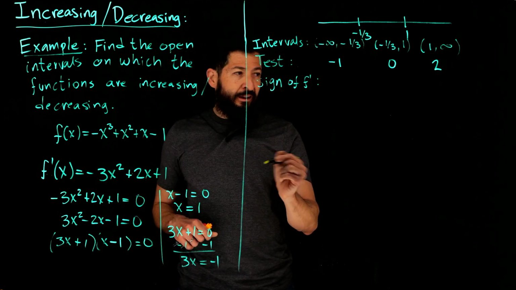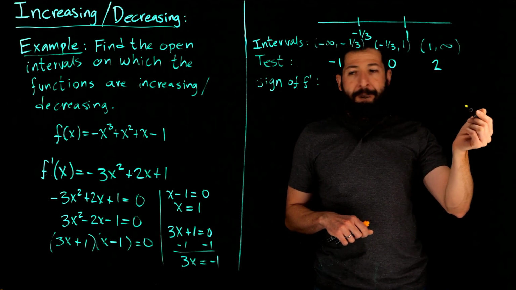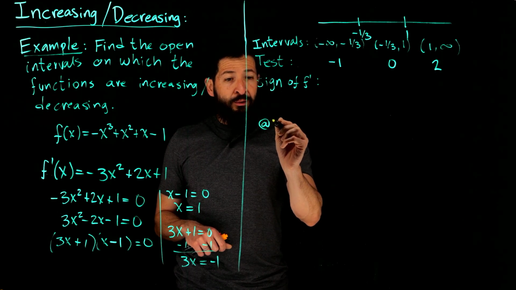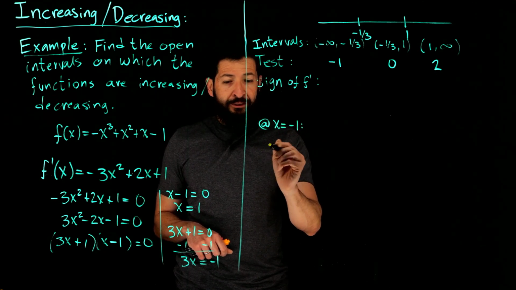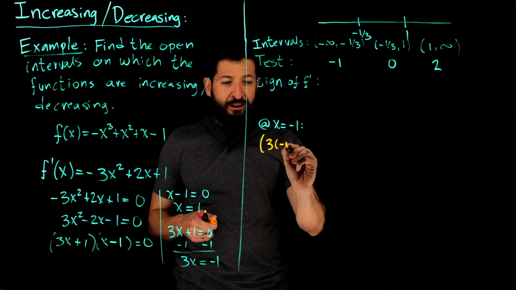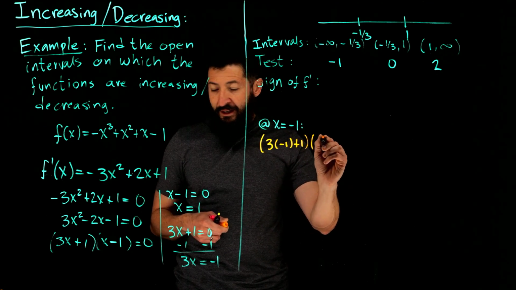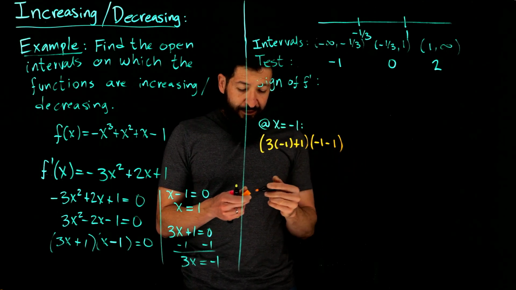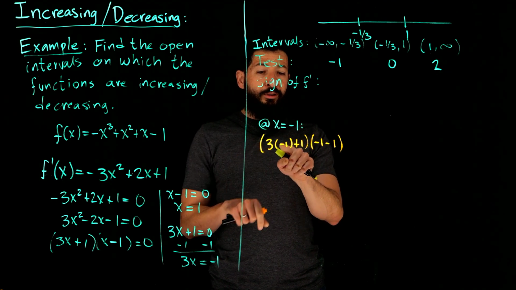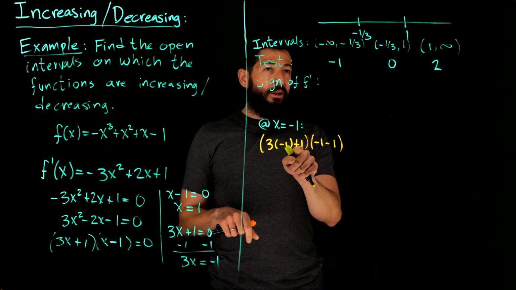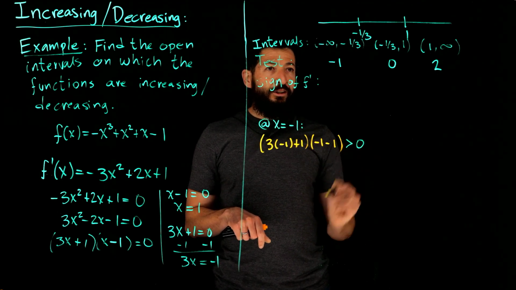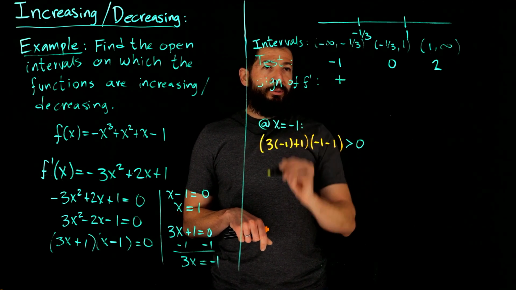Because if we evaluate at x equals negative 1, my first test value, when you plug this in here, you're going to have 3 times negative 1 plus 1 times negative 1 minus 1. So why do I say it's easier to evaluate here? Well, because you just have to add smaller numbers. So 3 times negative 1 is negative 3, plus 1 is negative 2, so negative. Negative 2 here, negative times negative is positive. So when you have that, you put your positive here.